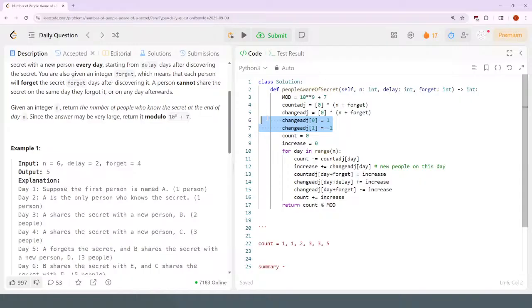So what is the right way to set up so that they have one person on the first day? What if I just did count of 1 to start rather than doing this? I think count of 1 to start just means that it never goes away and never really does anything. So the count changes based on the count just for the day.